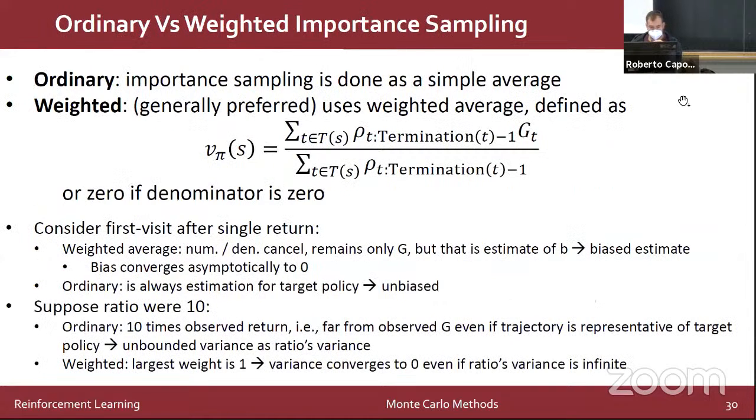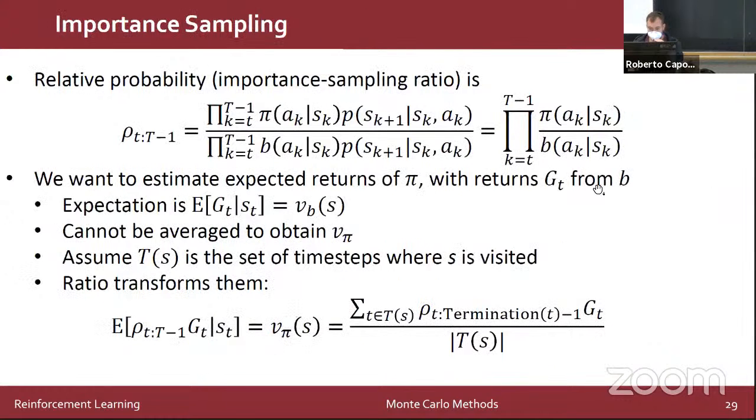Now, the difference between weighted and ordinary importance sampling. In ordinary importance sampling, you're doing a simple average. So you're dividing by the number of time steps in T, the set of time steps where s is visited. You're just averaging as you would normally do for the computation of the value function.